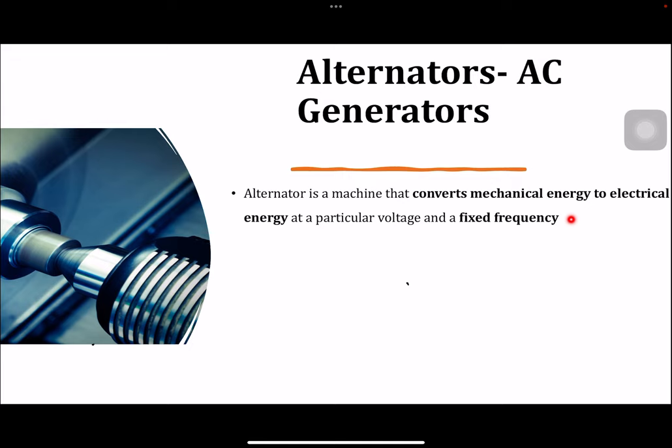We all know that the frequency of the supply that we are getting is 50 Hz. That means the frequency is fixed. So in order to generate a voltage at a fixed frequency, as the frequency is always dependent on the speed with which the prime mover is rotated, the speed with which the machine is rotating should also be fixed.